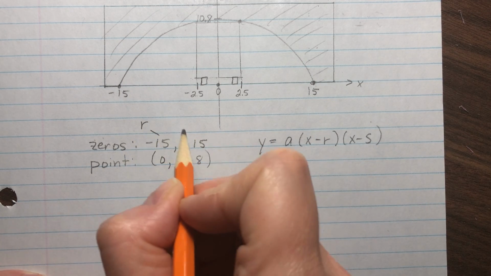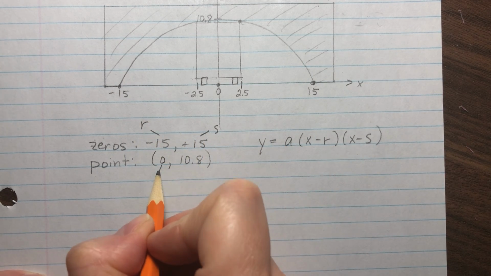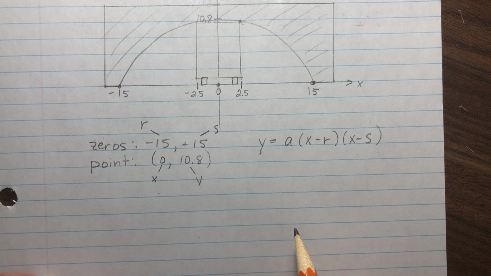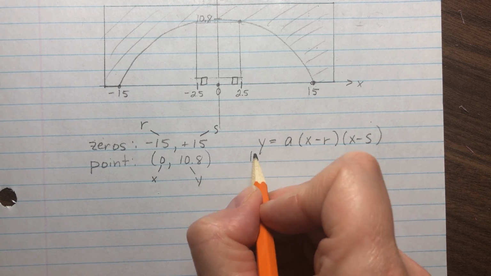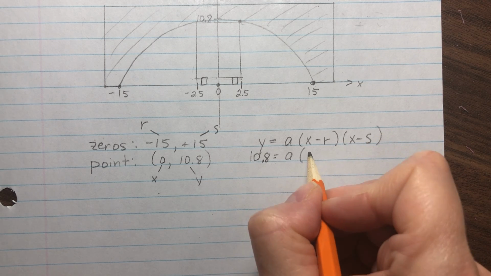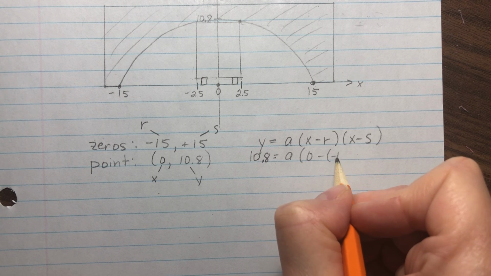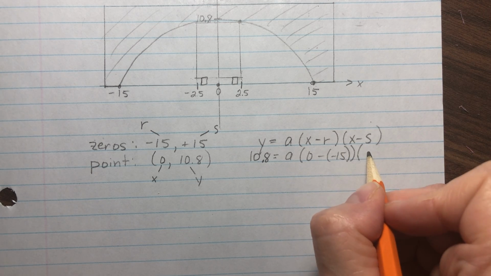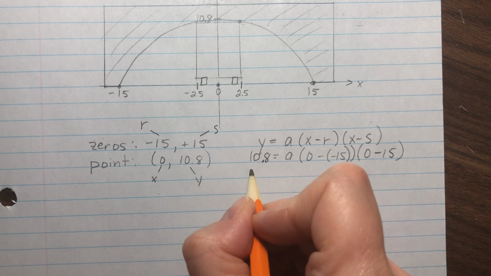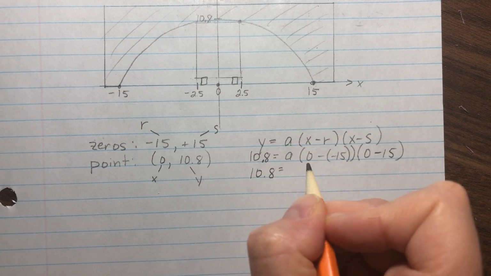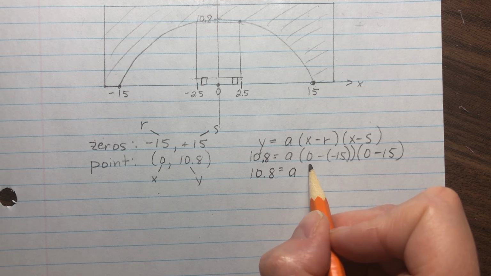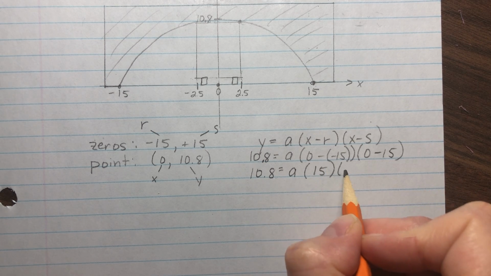If negative 15 is r, positive 15 is s, 0 is x, and 10.8 is y, we end up with 10.8 is equal to a times 0 minus negative 15 times 0 minus 15, giving us 10.8 being equal to a times 15 times negative 15.